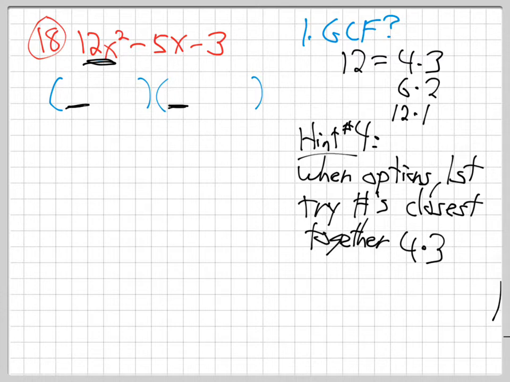They're only separated by 1, right? Whereas 6 and 2 are 4 away from each other, and 12 and 1 are 11 away from each other. So we're going to start with 4 and 3. It's usually the numbers closer together that work.